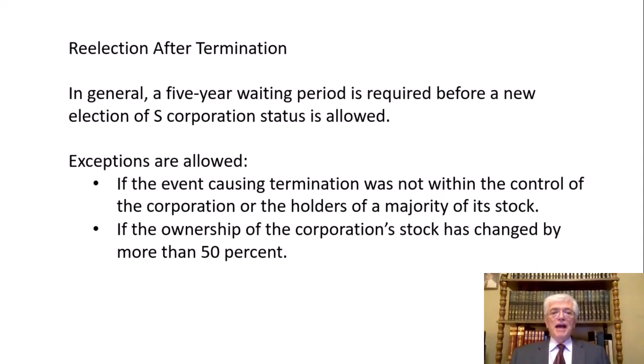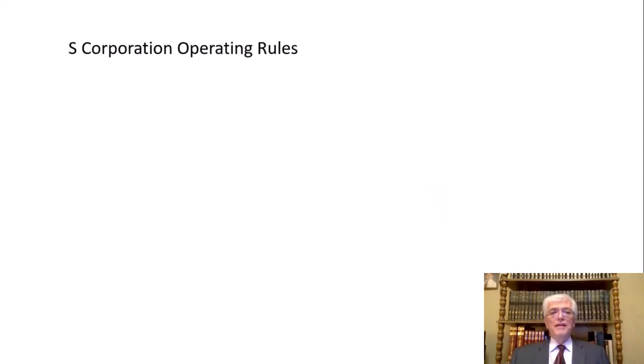I don't think it would be allowed if the people who were running it were still in the majority ownership if they violated the passive investment income rule. They'd have to make some very good excuse for why they allowed that to happen 3 years in a row and didn't fix it.